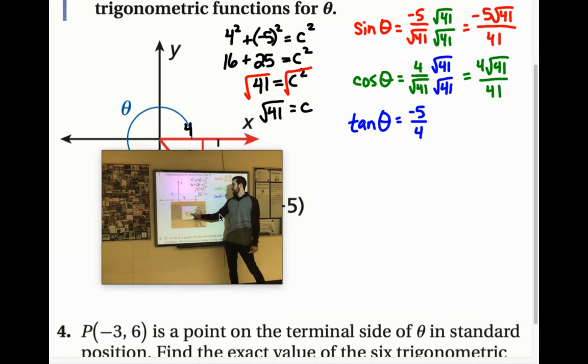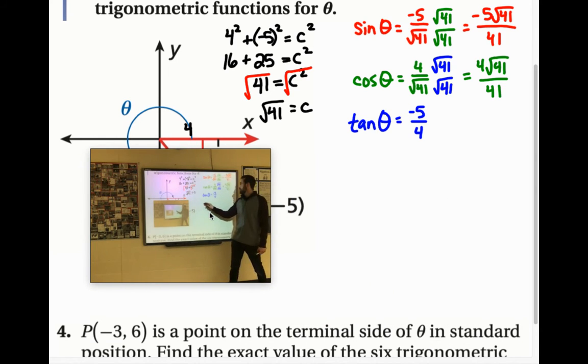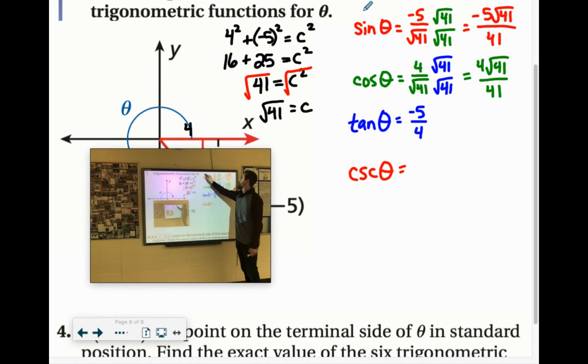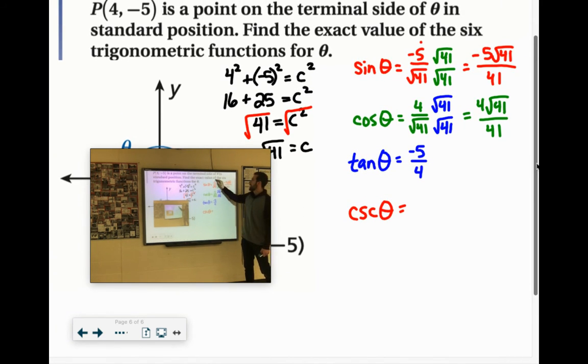All right, now we got to get our other 3. So remember, sine went with cosecant, and it was the reciprocal. Now, you can flip -5 root 41 over 41, and then you're going to have to do the radical trick again. But if you look right here, it was -5 over root 41.